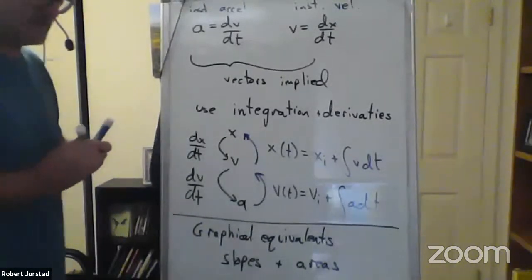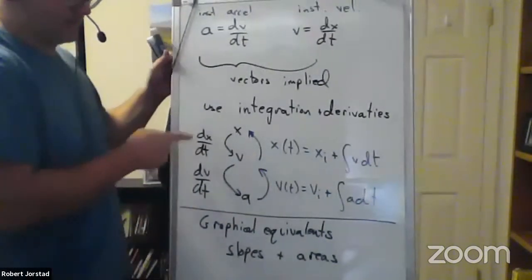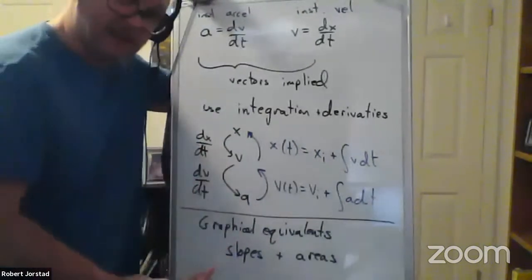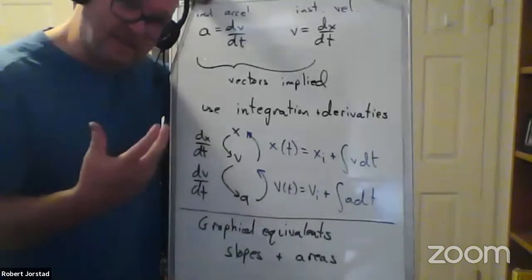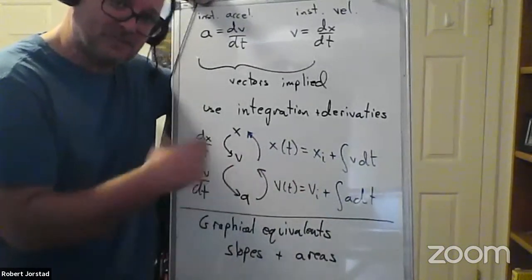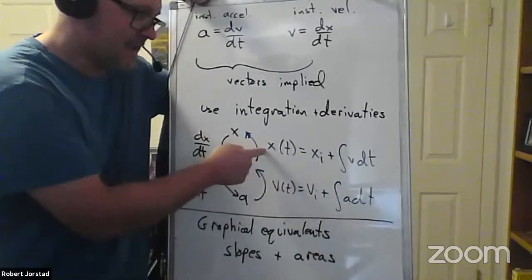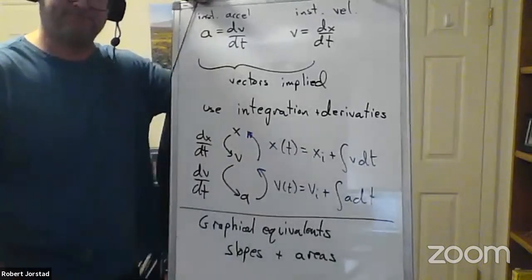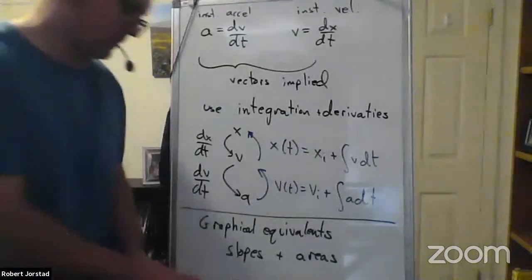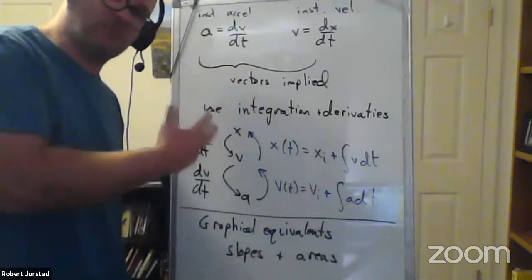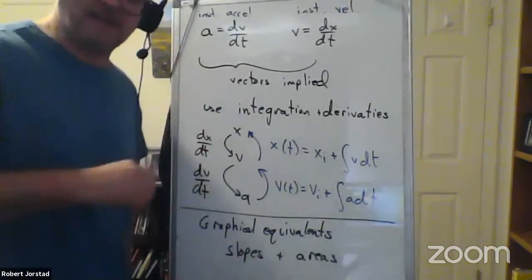We know that a derivative is equivalent to a slope and an integral is equivalent to an area. And we said the biggest thing we have to watch out for is when you integrate, the area is not velocity, it's change in velocity. When you integrate again, the area is not position, but change in position. So those are some things we got to watch out for. And then next time, we're going to do a whole bunch of word problems with this and analyze that.